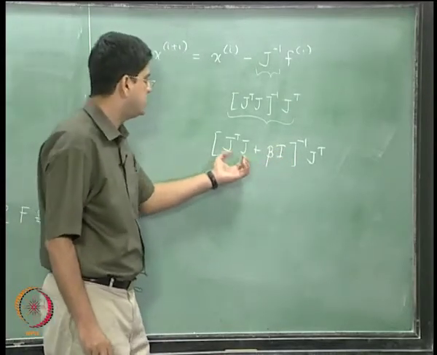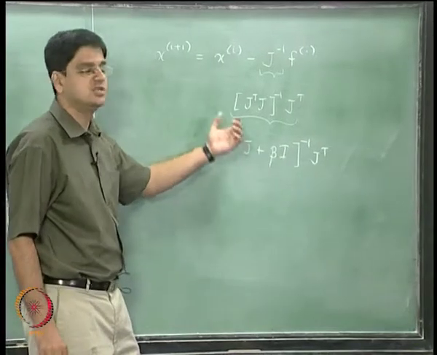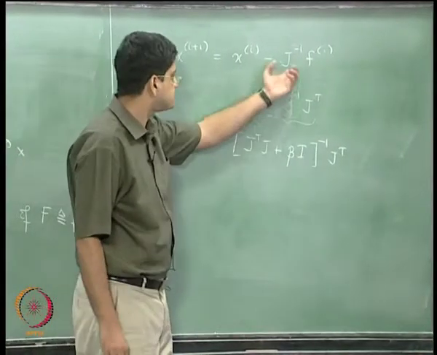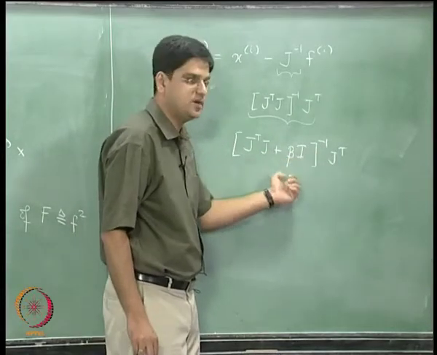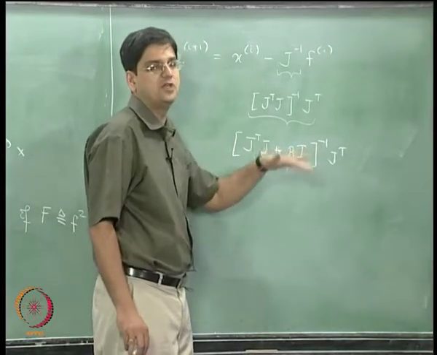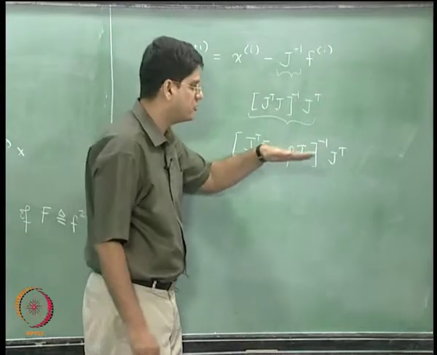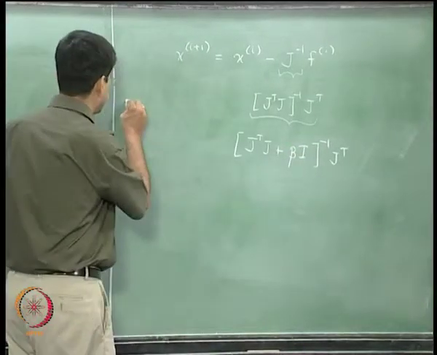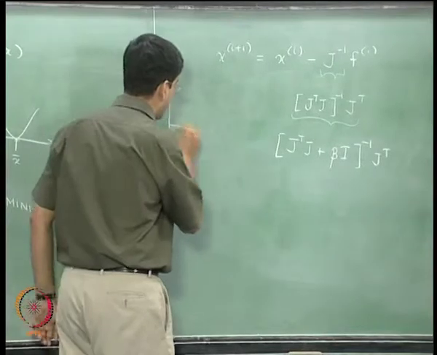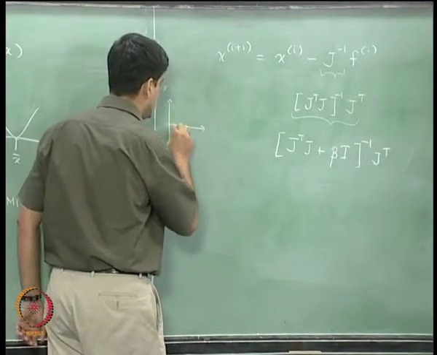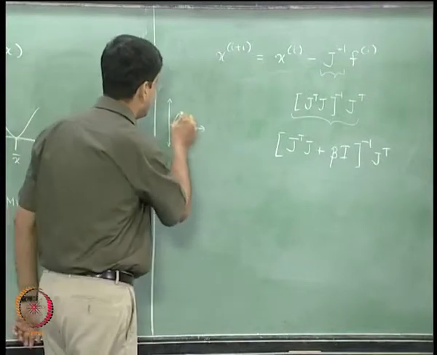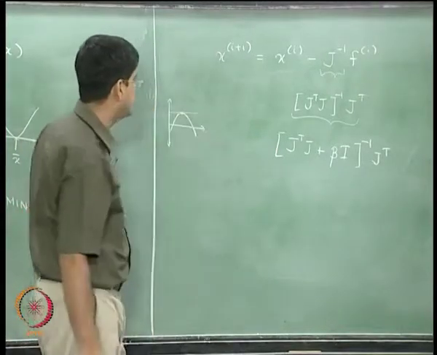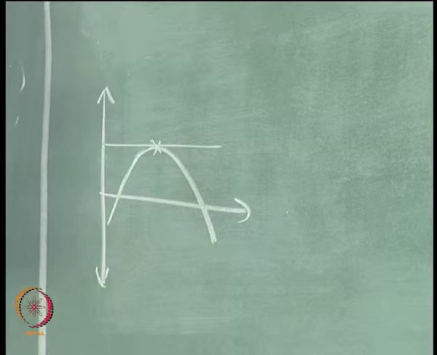so that whenever this J transpose J starts getting close to being singular, we can use an appropriate beta value to give a small perturbation in the slope. What happens when J transpose J is singular, or when f dash is 0, is we reach a maxima of this sort, where the tangent line is parallel to the x axis.